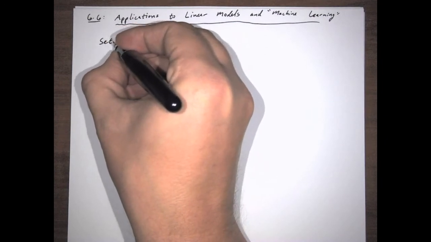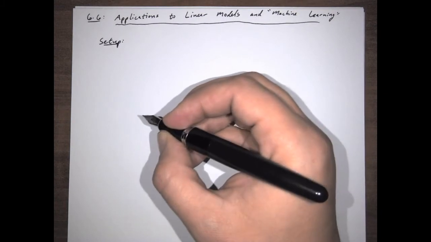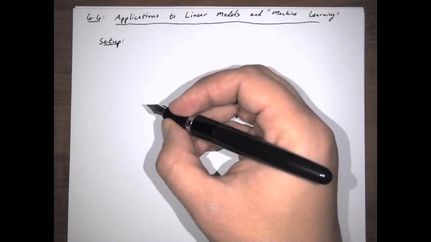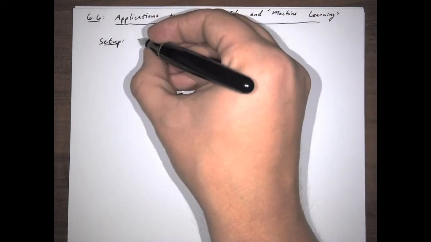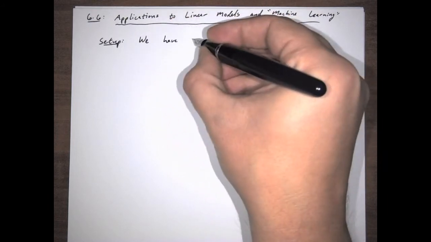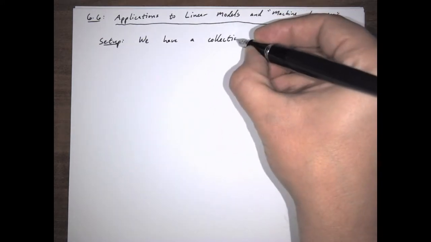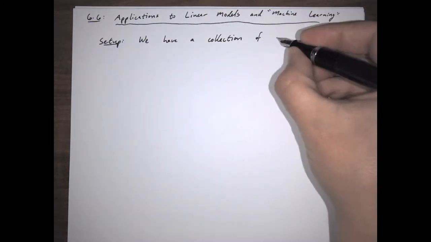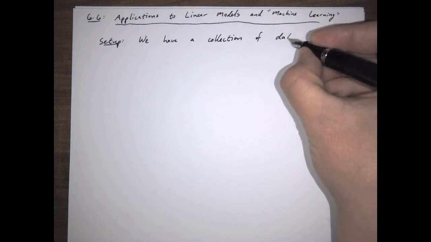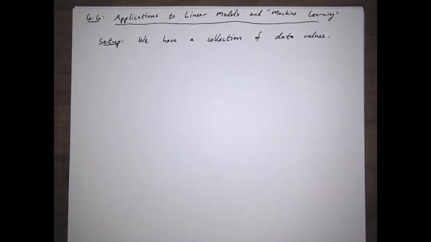Alright, so here's the basic setup and then the basic idea. The setup is, we are going to have a collection of data that it is our job to try to model. We have a collection of data values. Usually it'll be just x, y, but every once in a while we'll be talking about a situation in which there are more coordinates.